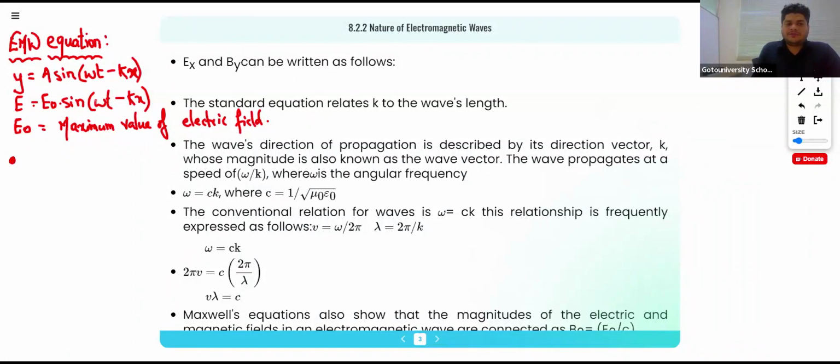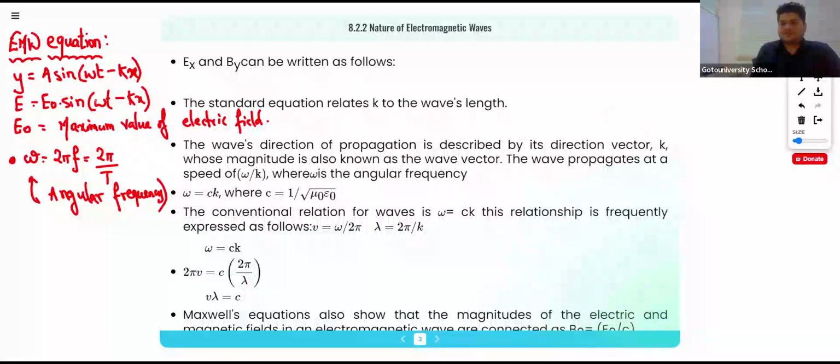What is omega? Omega is equal to 2 pi f. What is f? Frequency is 1 upon T. And omega is known as angular frequency.